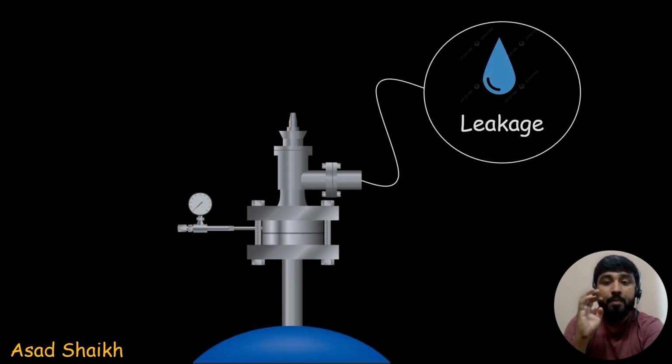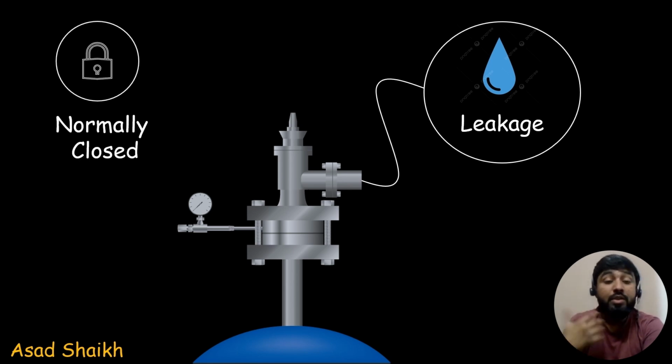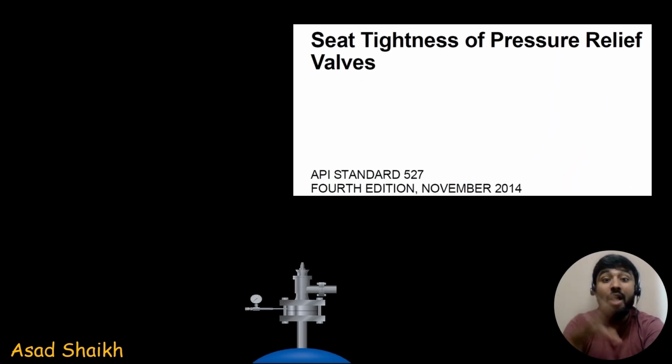One important thing is missing in this standard, and that is leakage. Leakage is very important. Why? Because a relief valve is normally closed. So if it has very high leakage, it will keep on releasing your important materials or fugitive emission gases continuously into the atmosphere, which is not at all good. So what API did for this case was come up with a complete standard dedicated to seat tightness, because it is so important, and that is why you have a separate standard called API 527, which covers seat tightness.